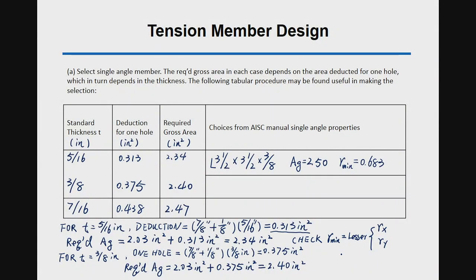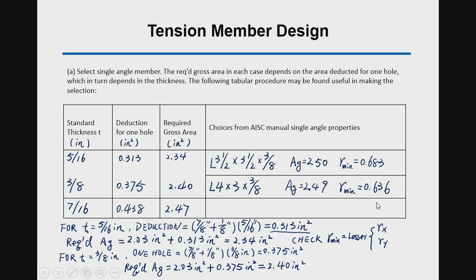And we can also select member L4 by 3 by 3/8 inch, and the gross sectional area is 2.49, rmin is 0.636.